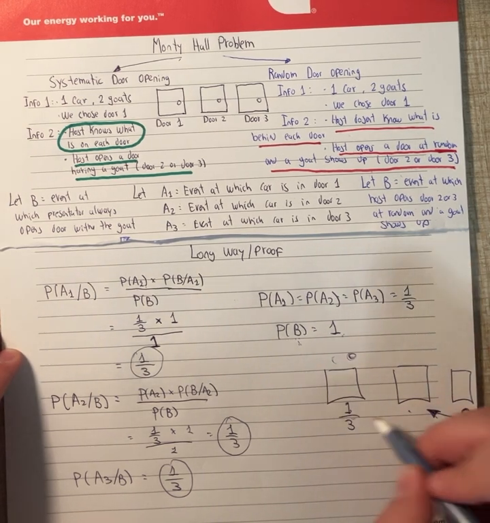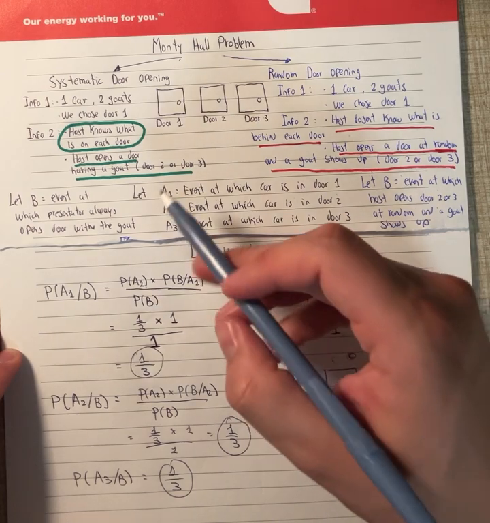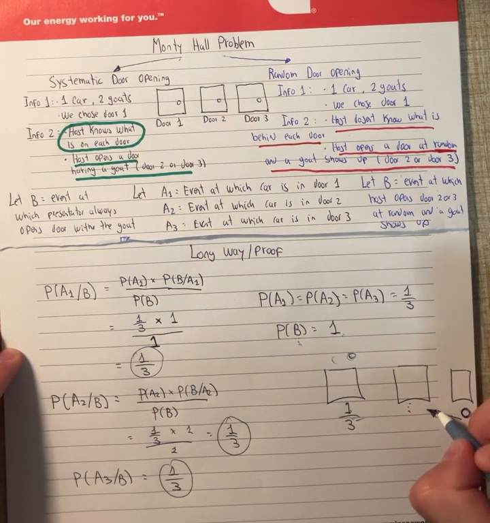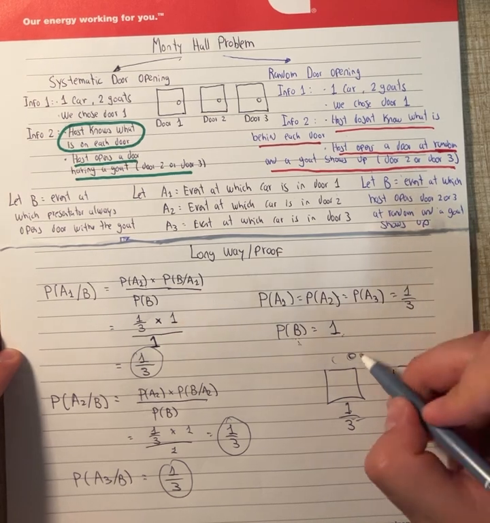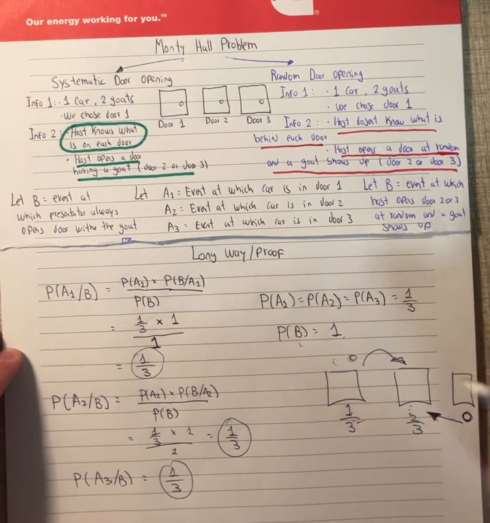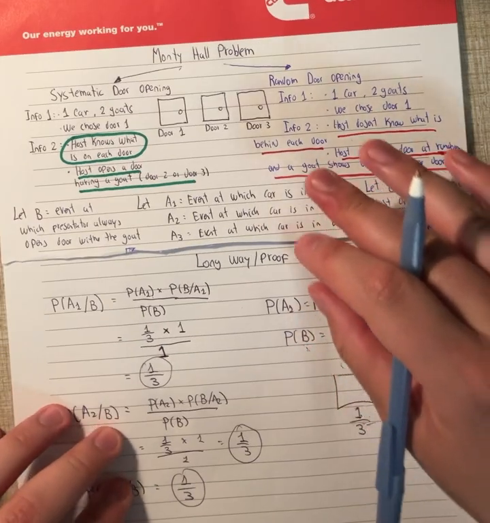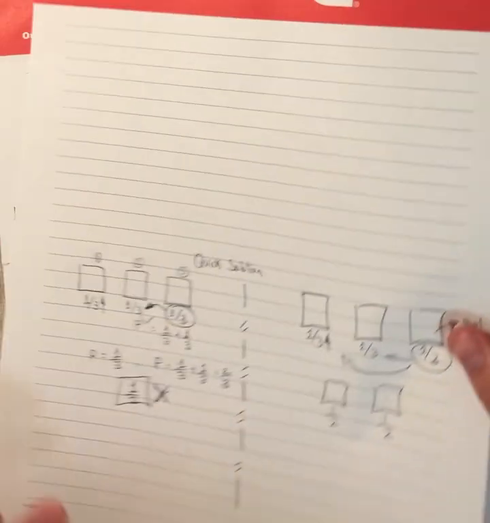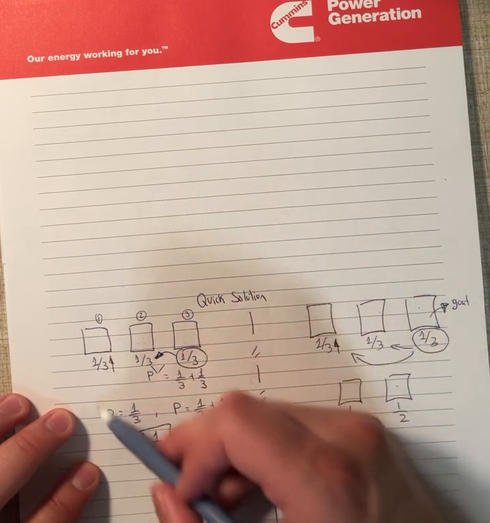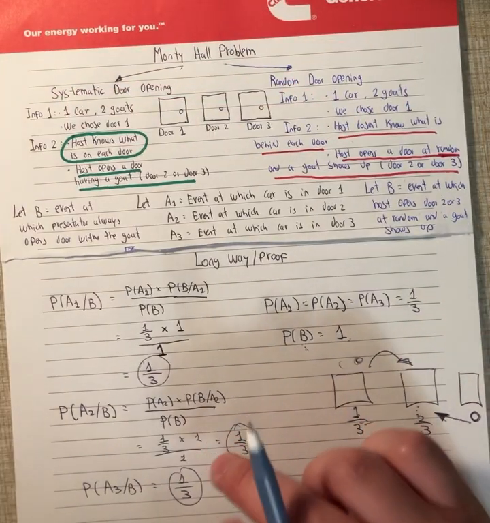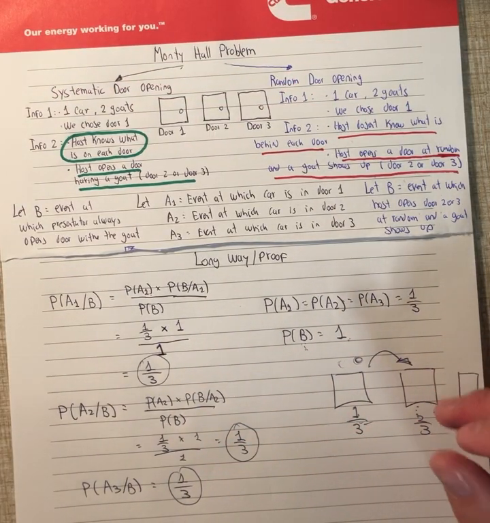It didn't transfer evenly because the host was biased, so this one is 2/3 probability. So you always want to change doors. This is exactly the initial reasoning we had, and this is why the probabilities didn't get updated evenly.